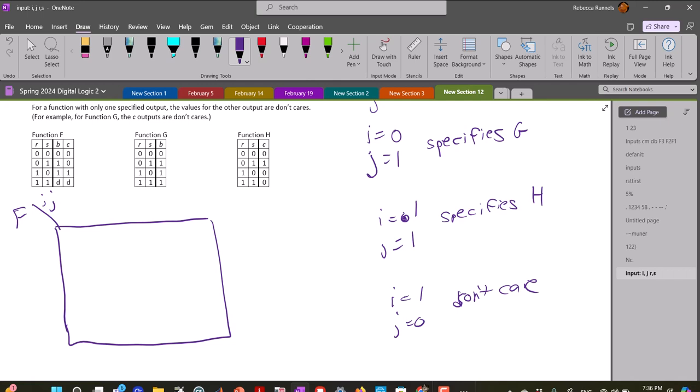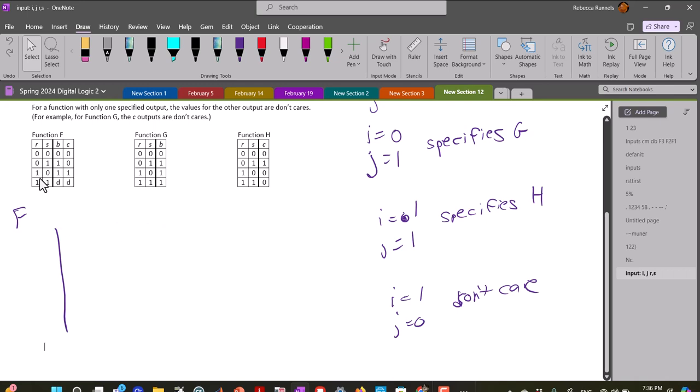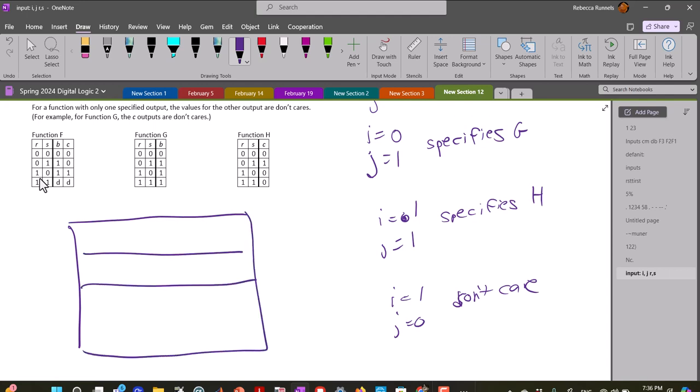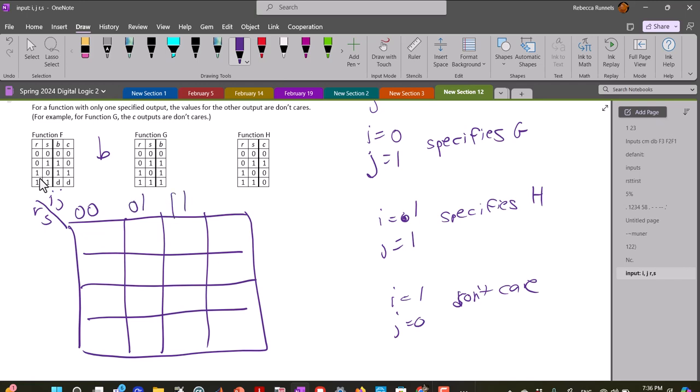I want to make a Karnaugh map for B. So this is a Karnaugh map for B, and I have I, J, R, S. So 0, 0, 0, 1, 1, 1, 1, 0, 0, 0, 0, 1, 1, 1, 1, 0. Now remember, my I equaled 1 and J equaled 0 were don't cares.